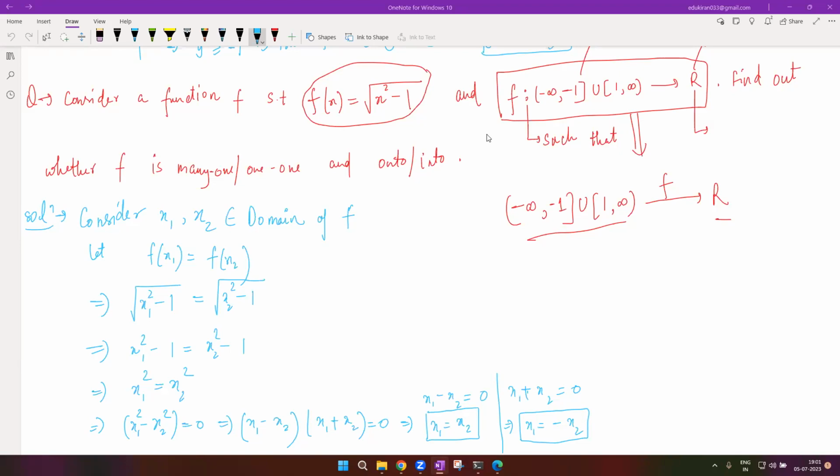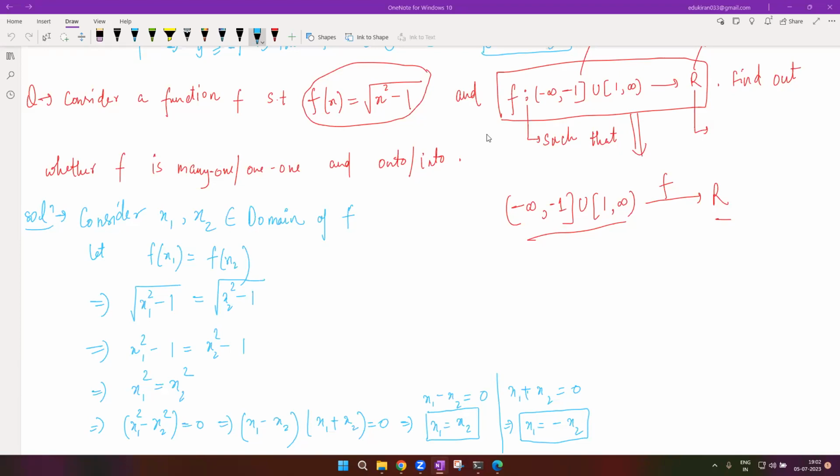So take any value of x2 from that domain. Let's say I have chosen 1. So if x2 is 1, what is the value of x1 according to the second condition? x1 is minus 1 in that case, right? So you will check whether minus 1 is valid or not. Is minus 1 in the domain? Yes. So that is why the solution is valid. The second solution is also valid.